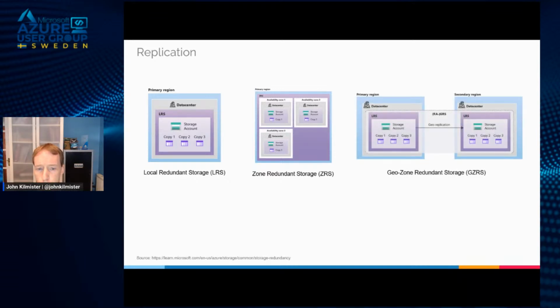If we want to go outside the region and have better redundancy, we can use the geo-redundant storage. Now, interestingly with the zone redundant storage, we still have 3 copies. They're just split across different availability zones. When it comes to the geo-redundant storage, it is in a different data center, a different region, and therefore we actually end up with 6 copies.